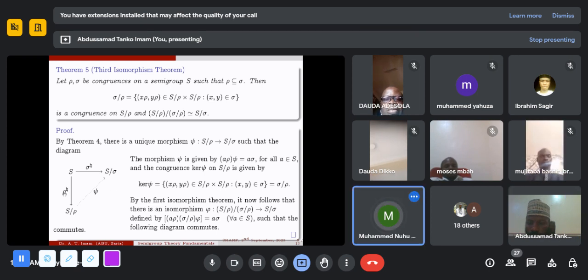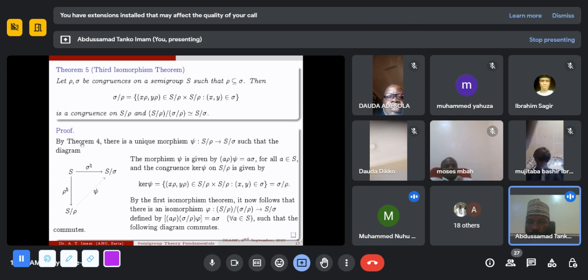So we know that rho is contained in sigma, and so therefore we can apply theorem 4 to say that there exists a unique morphism from the quotient semigroup here into this semigroup. This is just replacing T in theorem 4. This is representing T in theorem 4.